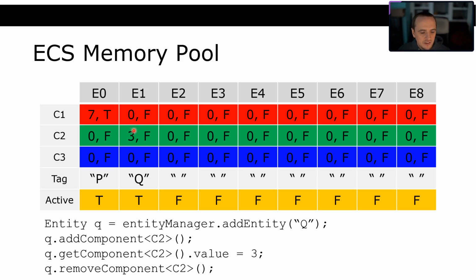I don't even need to touch the value, because whatever the value is, since I don't have the component, my systems will not be accessing it. So if I remove components, I don't even need to default construct the whole thing anymore, so I'm saving time even on that level.